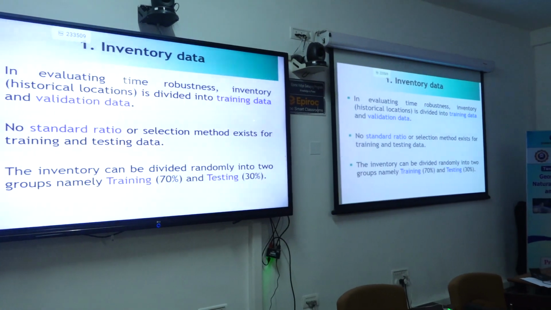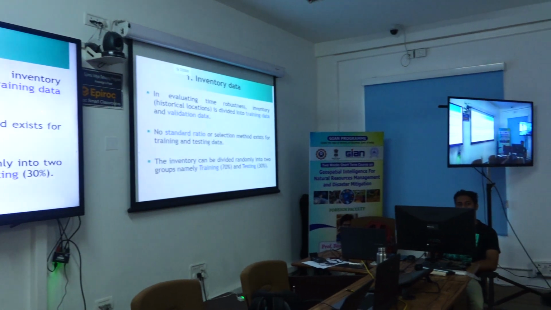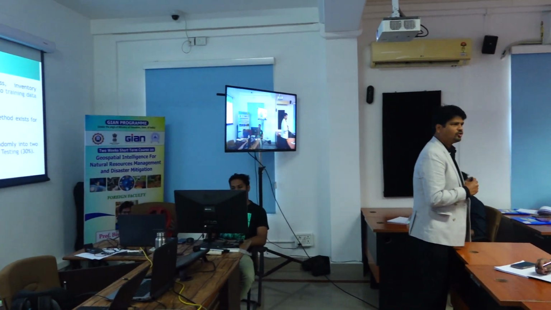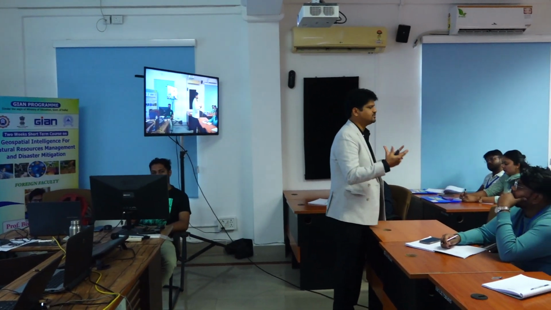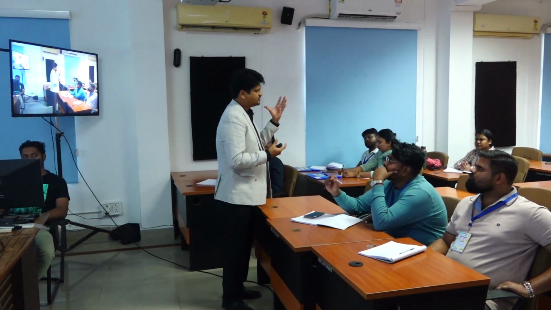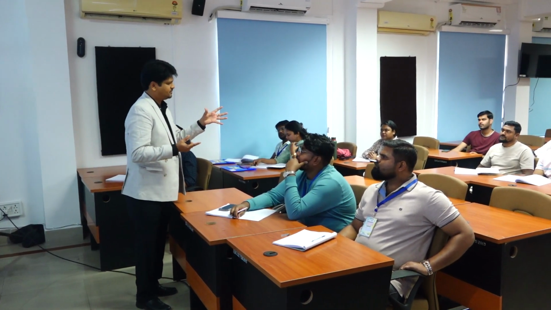Right? So now, again, when you pick up the locations, that is also very tricky. For example, landslide. How many of you understand the mechanism of landslide? There is a failure zone, there is a deposition zone, there is a flow zone, right?